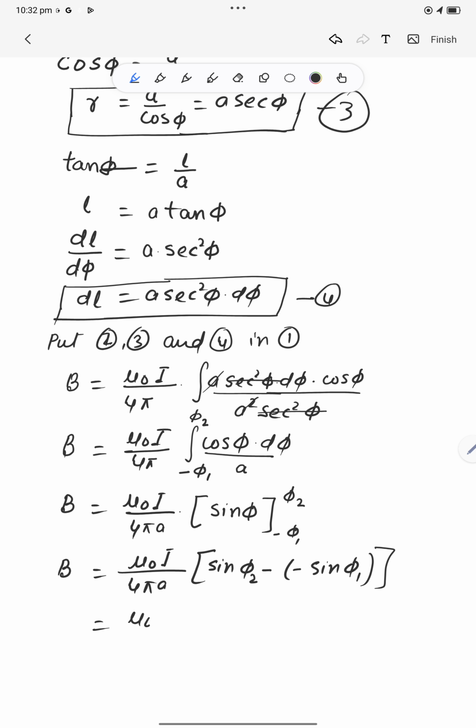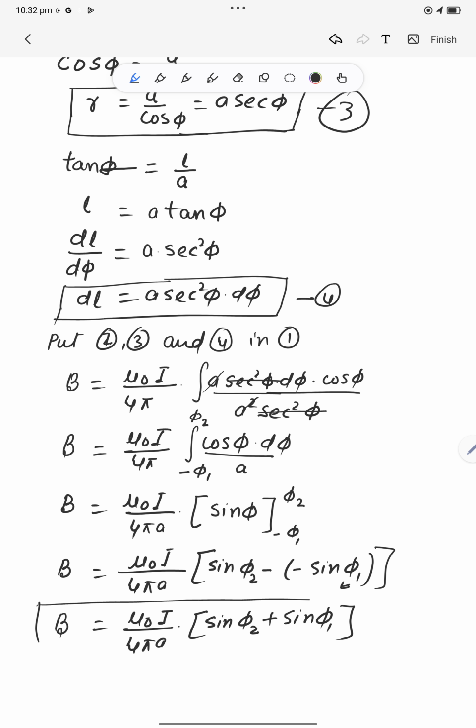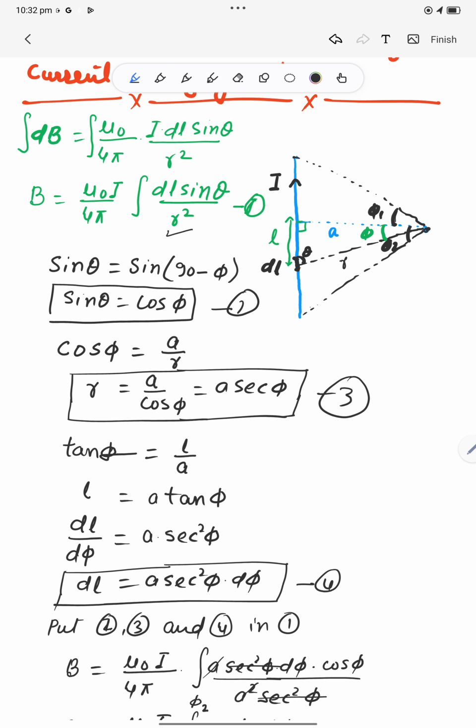So mu naught I by 4 pi a, and this will be sin phi 2 plus sin phi 1. This is the total magnetic field at a distance a from a wire whose end angle is basically phi 1 or phi 2.